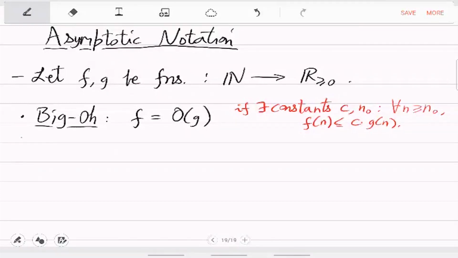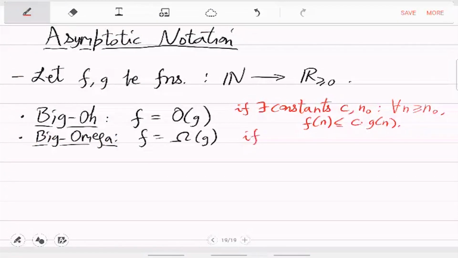Big omega. So if you write f equal to big omega, that's basically the opposite of the first line. So you will write this if g is equal to big O of f.